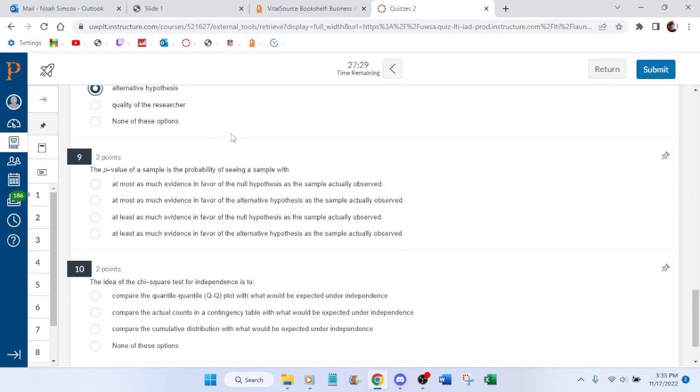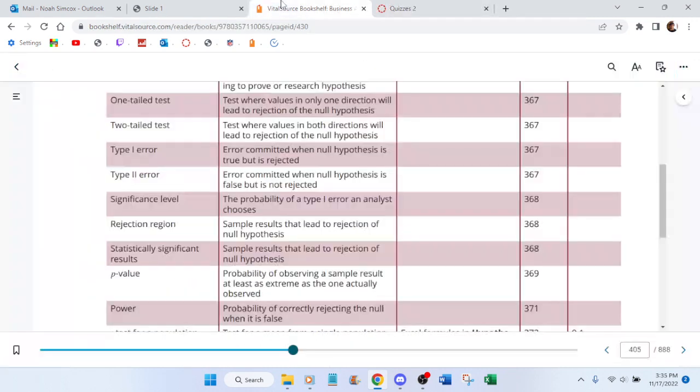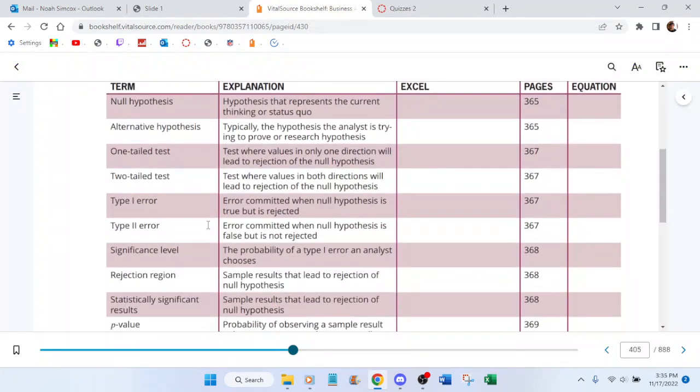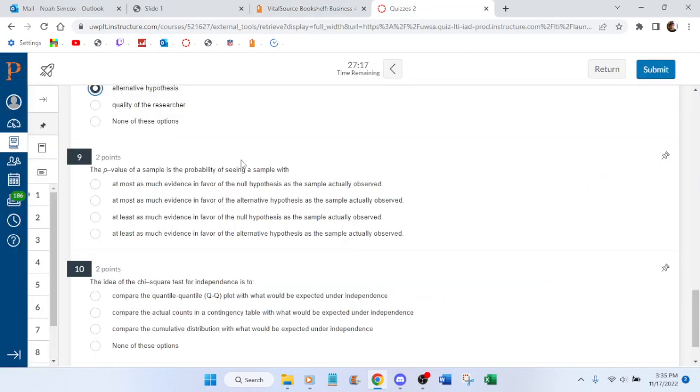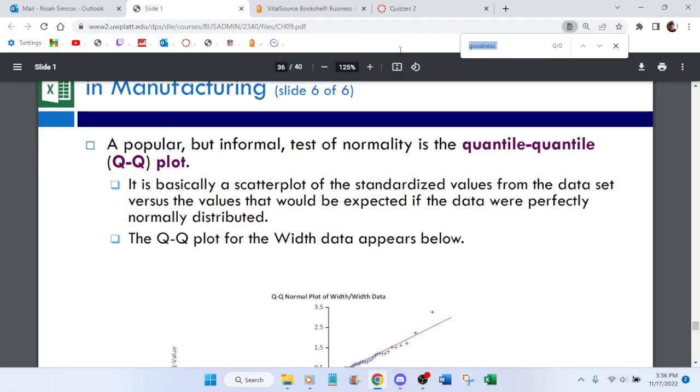The p-value of a sample is the probability of seeing a sample result at least as extreme as the one actually observed. The probability of seeing a sample with at least as much evidence in favor of the null hypothesis as the sample actually observed. I'm just going to let this up.